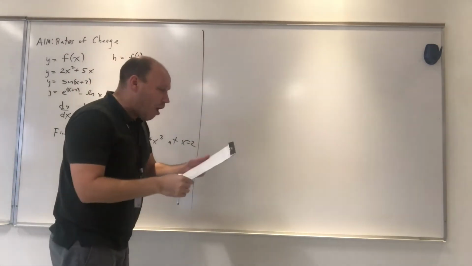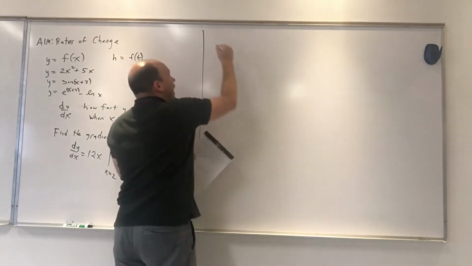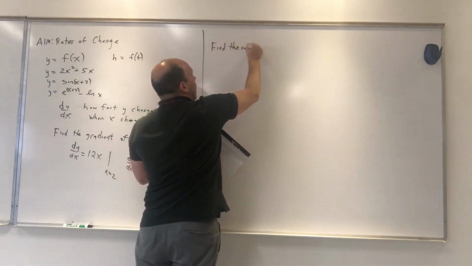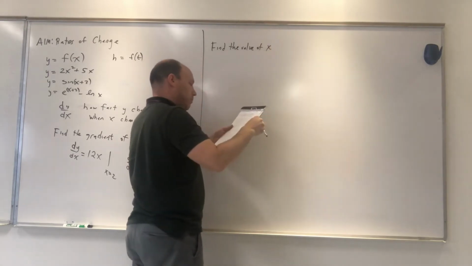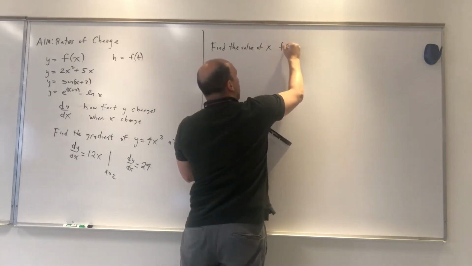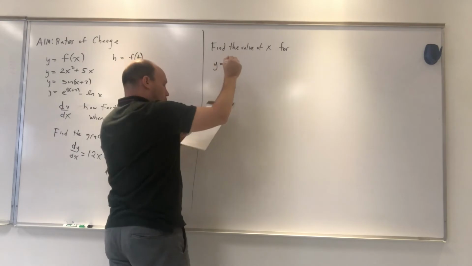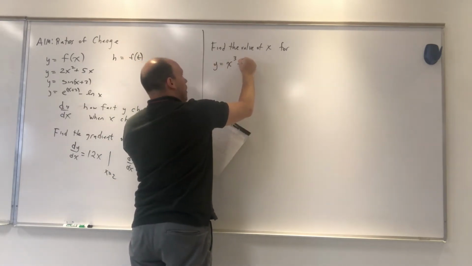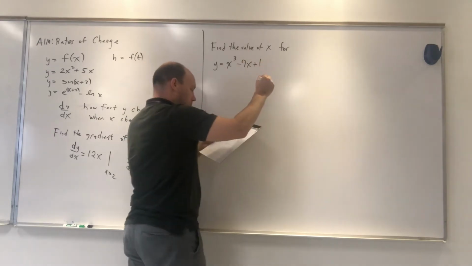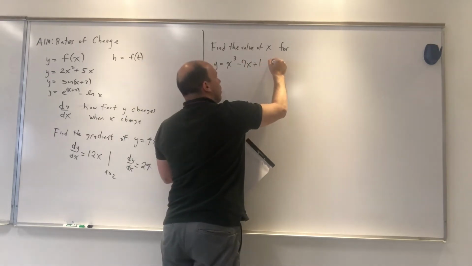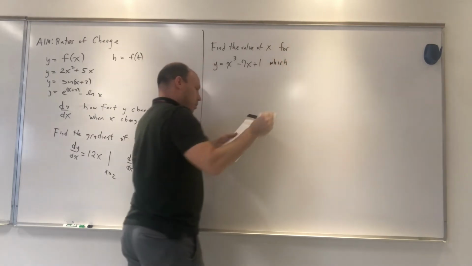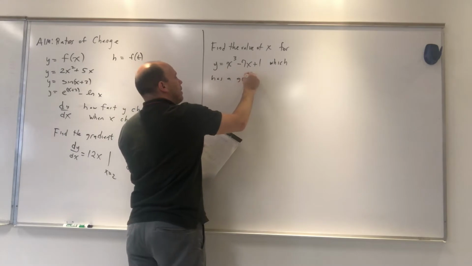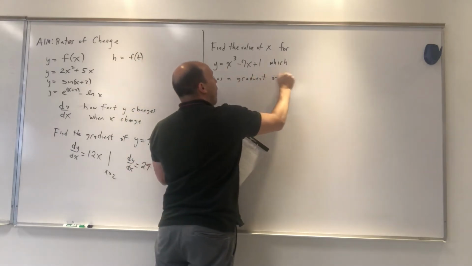They might say, find the value of x for y equals x cubed minus 7x plus 1, which has a gradient of 5.